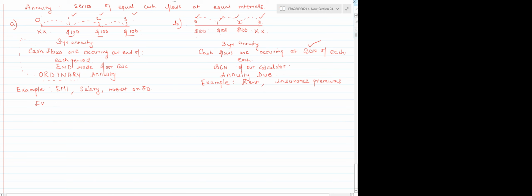Okay, so we first see how to calculate the future value of annuity.